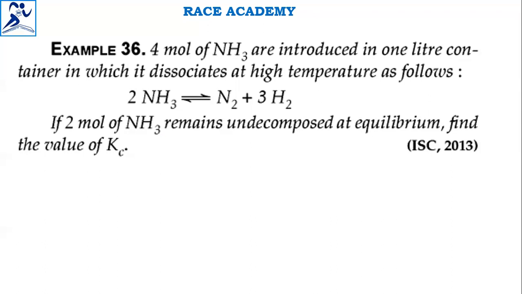That is the ammonia dissociation equation they have given, that is 2NH3 gives rise to N2 plus 3H2. And moreover, they have given the number of moles of ammonia, which is 4 moles. If 2 moles of NH3 remains undecomposed at equilibrium, then find the value of Kc.